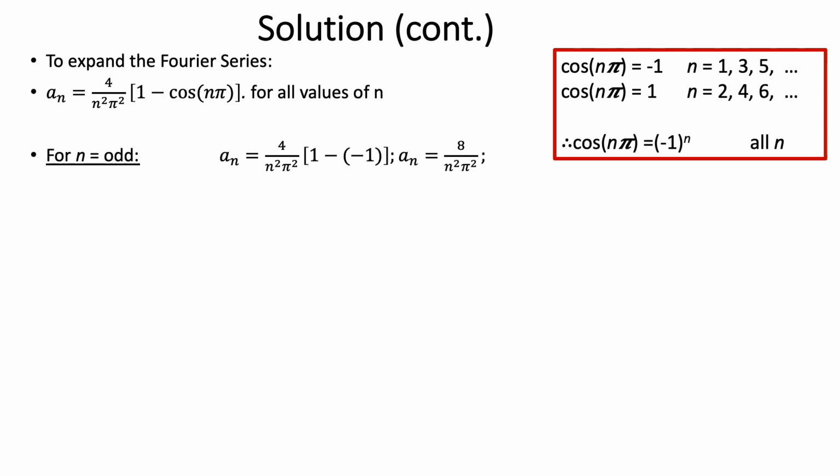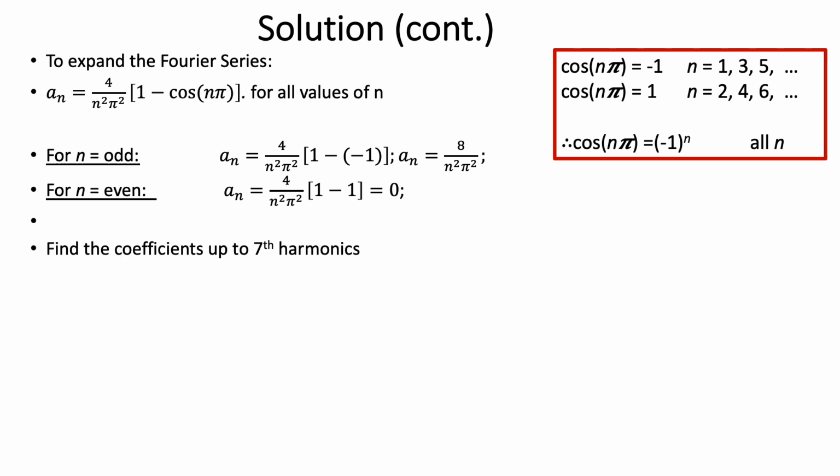For n equal to odd, An equal 4 over n square pi square 1 minus negative 1, An equal 8 over n square pi square. For n equal even, An equal 4 over n square pi square times 1 minus 1, which is 0.